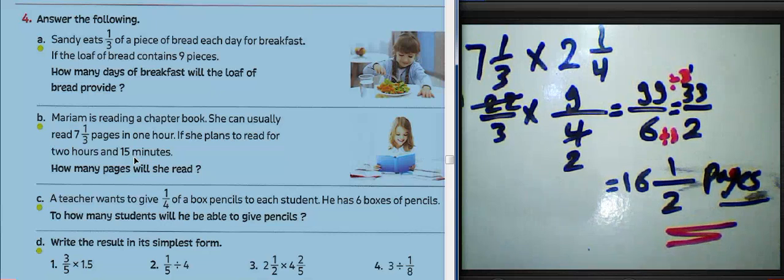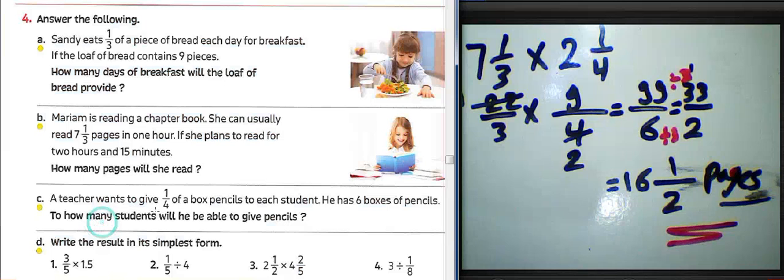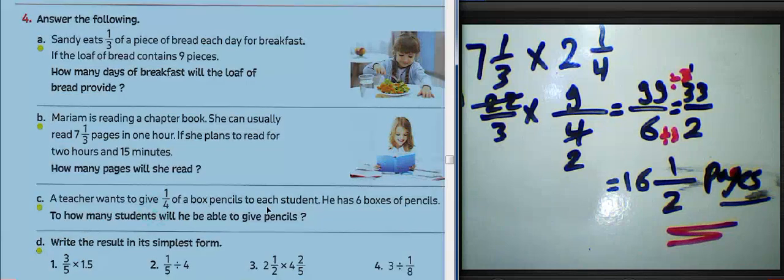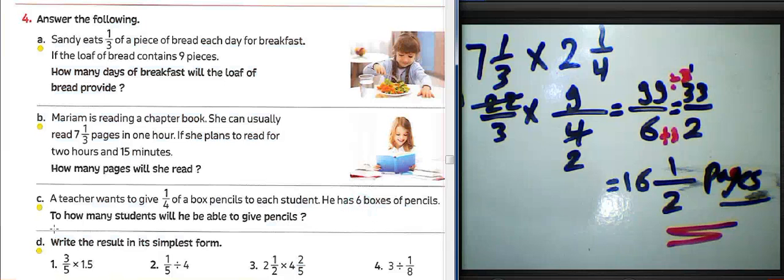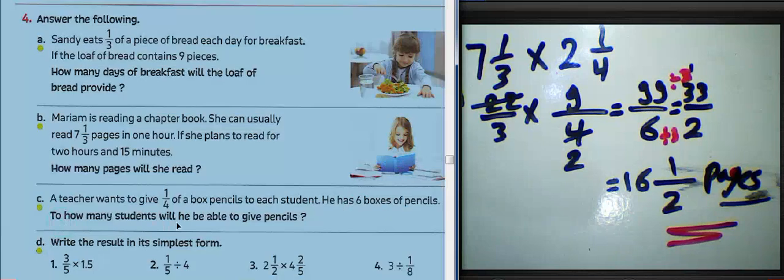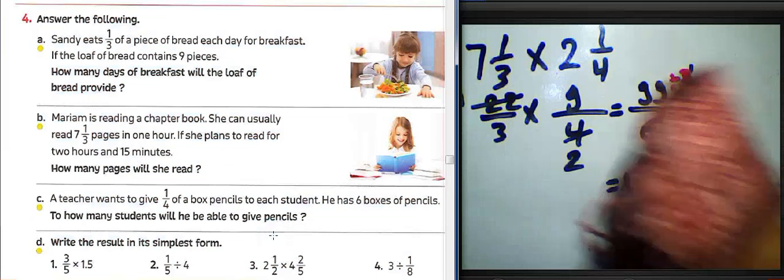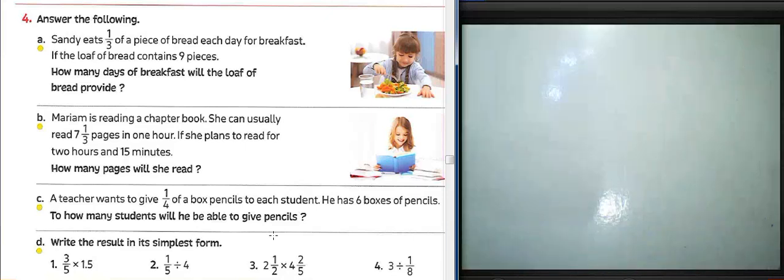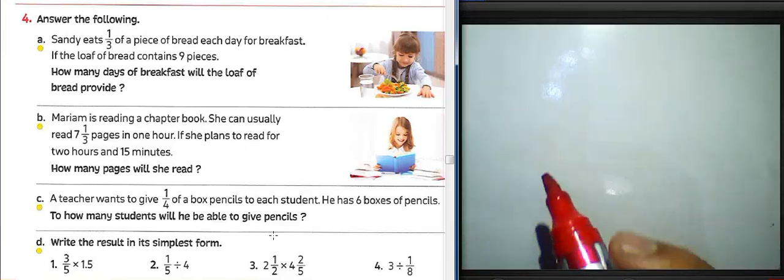Question letter C. A teacher wants to give 1/4 of a box of pencils to each student. He has 6 boxes of pencils. To how many students will he be able to give pencils? Think about this example with me, my students. The teacher wants to give 1/4 of a box of pencils to each student.